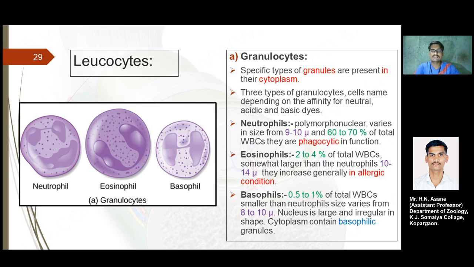Neutrophil has the affinity to the neutral pH of the granules, and it is polymorphonuclear.